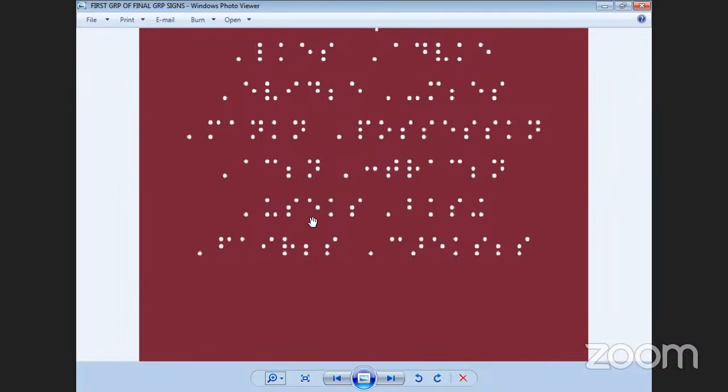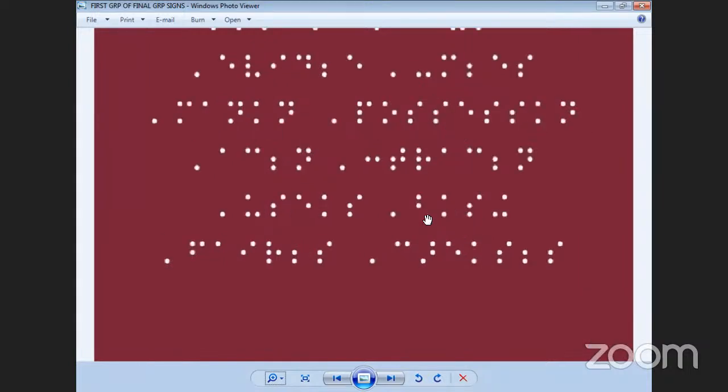Remember, which dots are you able to see? 4, 5. We have said that this is blessing. Oh, so it's blessing. Yes, so there is B, and then there is dots 46 S for less, then there is ing. So this gives us the word blessing.